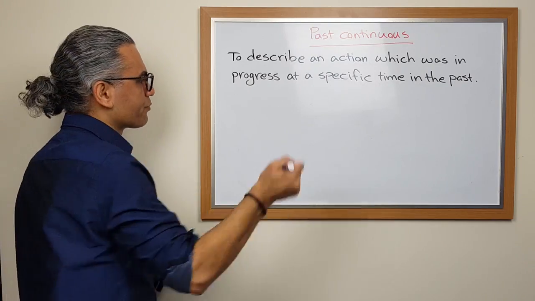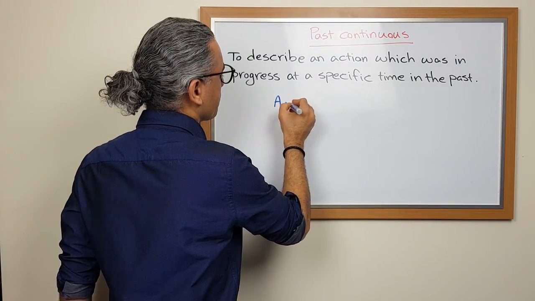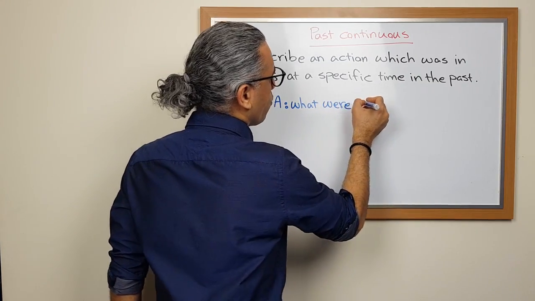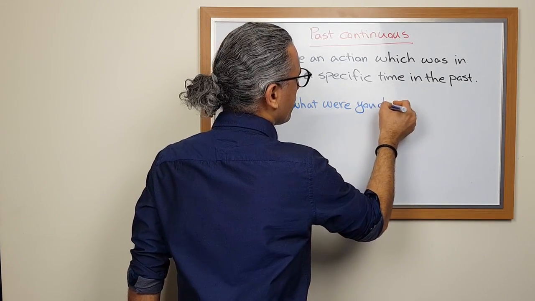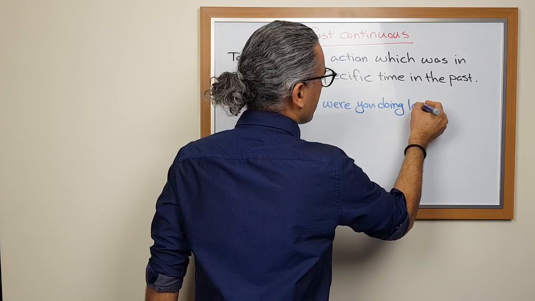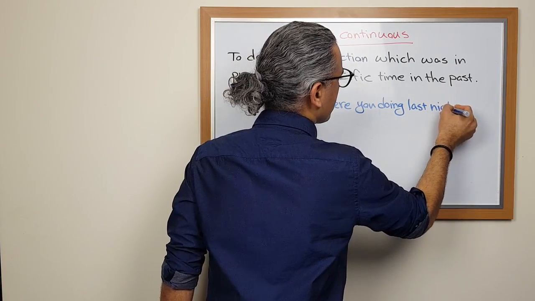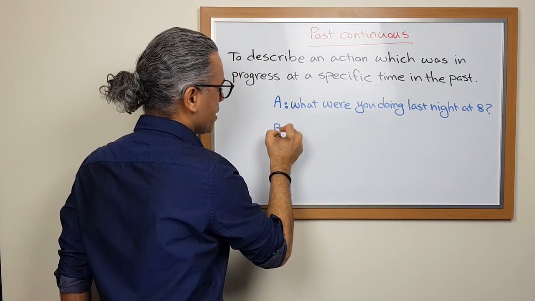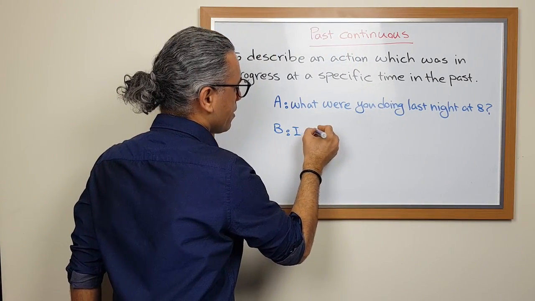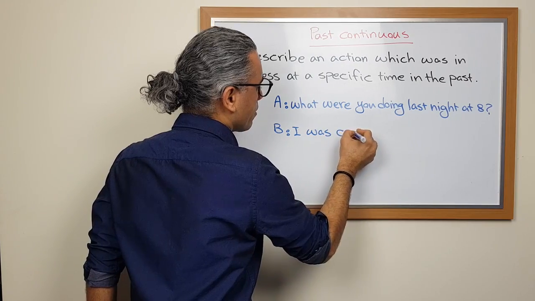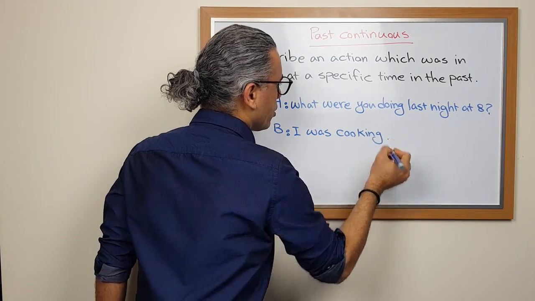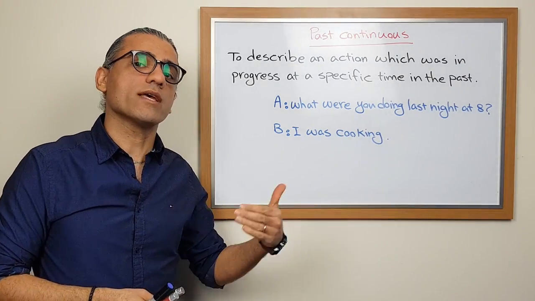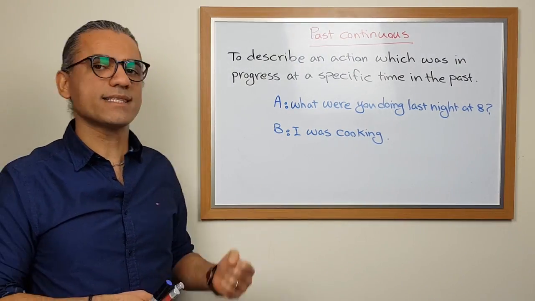Example. A: What were you doing last night at 8? B: I was cooking. So the action of cooking was in progress last night at 8 o'clock.